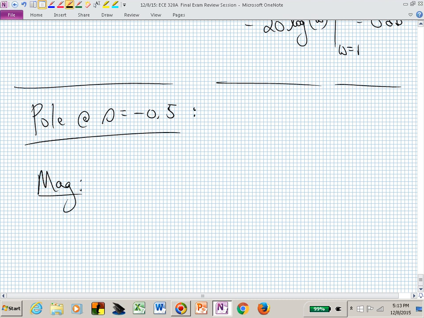There's only one pole at minus 0.5. We are 0 dB in our straight line approximation until what frequency? We're going to assume it's flat at 0 dB until we reach that break at 0.5. We're 0 dB until the break at omega equals 0.5 radians per second.